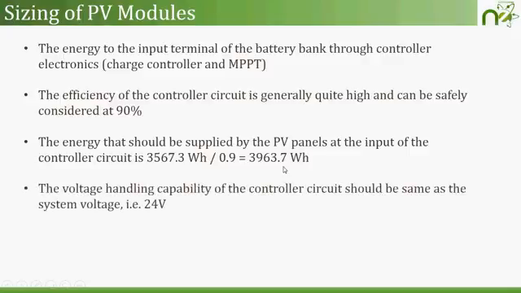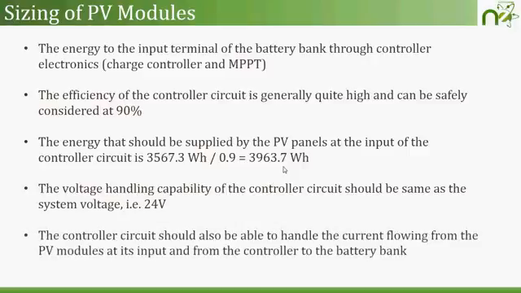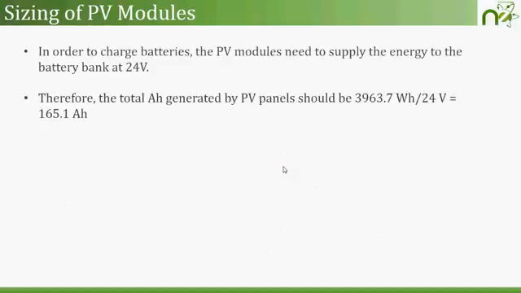We are considering 24 volt as the battery voltage. Hence in order to calculate the total ampere hours that the PV panel should carry, it will be 3963.7 watt hours, like V into I into hours, divided by 24 volt, which is 165.1 ampere hours.